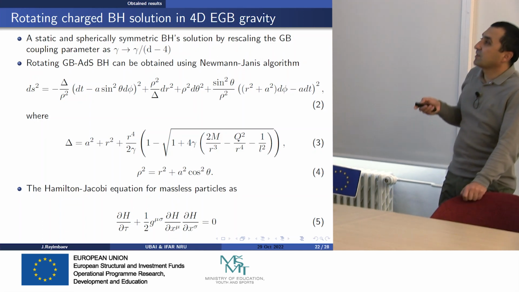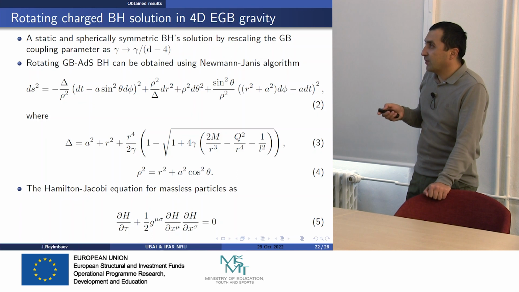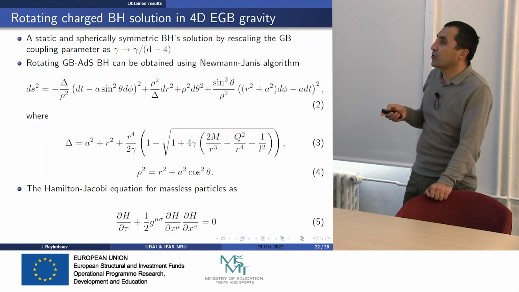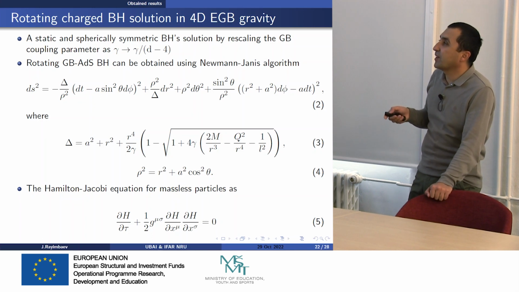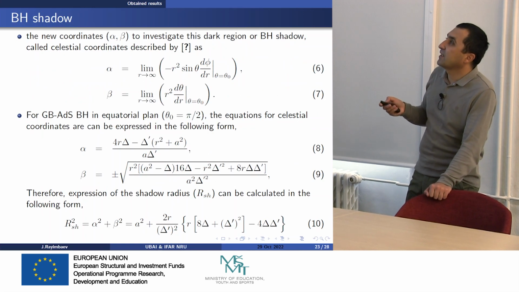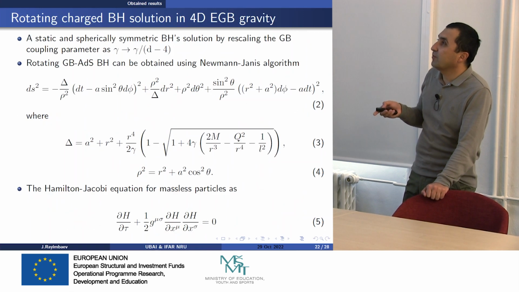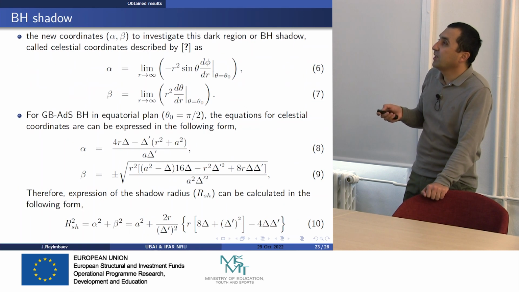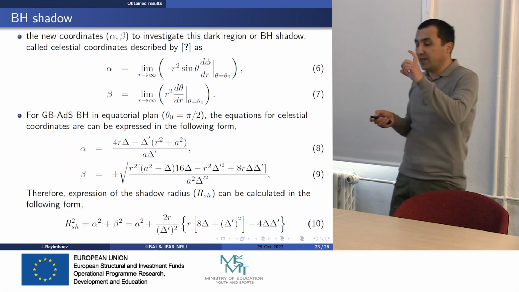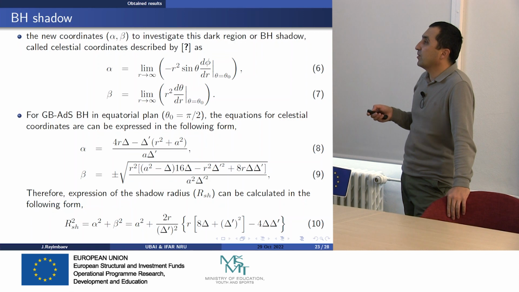We studied the massless particle, photon motion, using the Hamilton-Jacobi equation, and got celestial coordinates for this rotating spacetime, and we get the radius of the shadow of the black hole in this form.